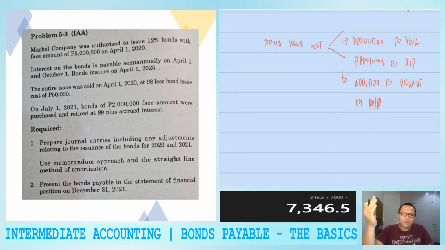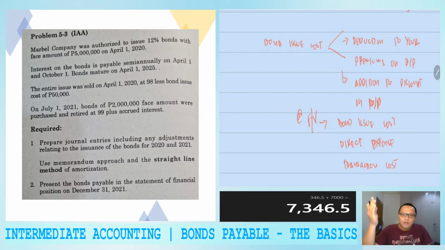For bond issuance considered at fair value, because we also have bonds payable recognized at fair value. Okay, remember this. At fair value, then bond issue cost, this is a direct expense. Okay? Meaning, pag sinabi natin na direct expense siya, transaction cost yung account na gagamitin.